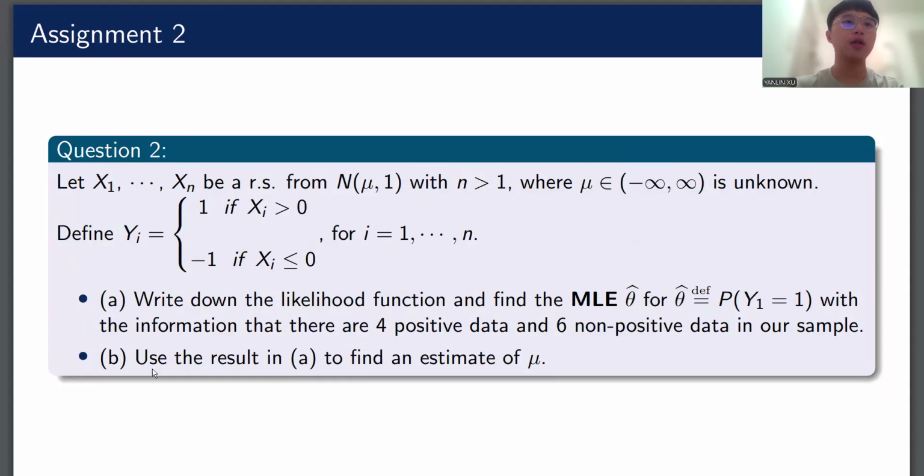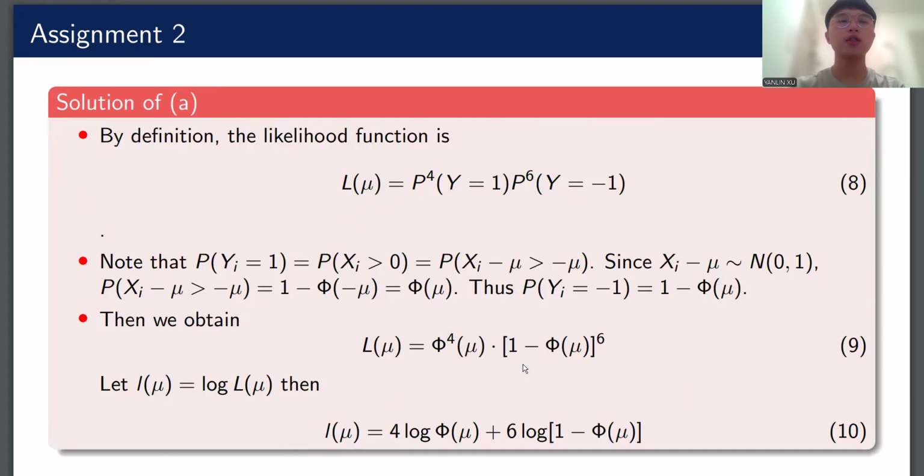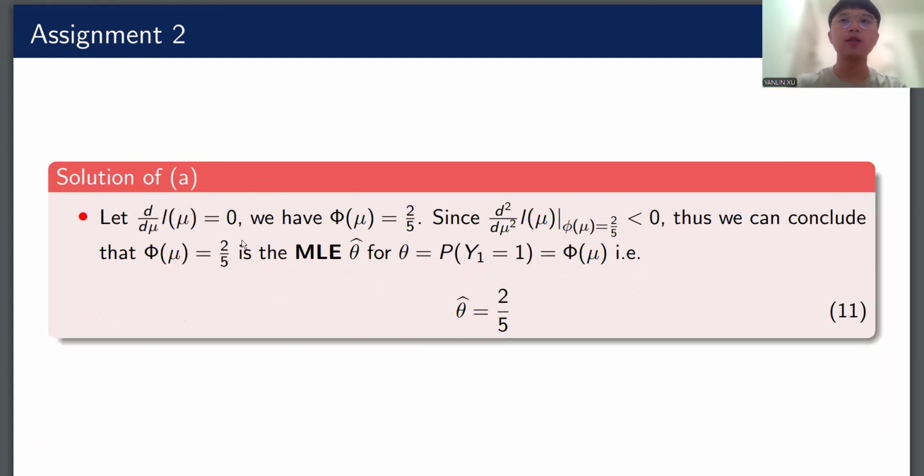About the second question, we have to use the result in A to find an estimator of mu. This is quite easy too, because in A we have verified that if mu is a maximum likelihood estimator, then it must satisfy that phi(mu) is equal to 2 over 5.